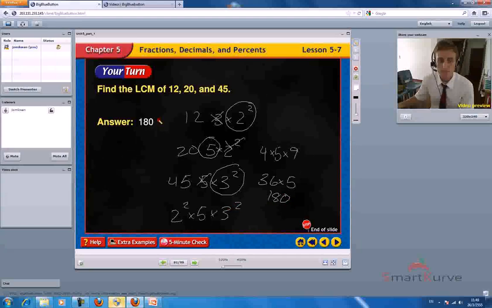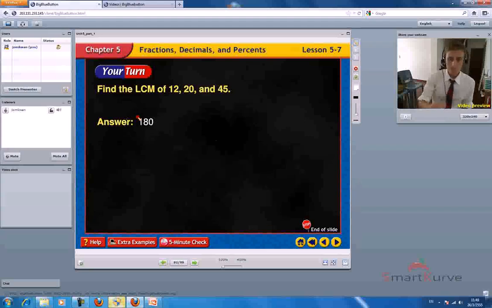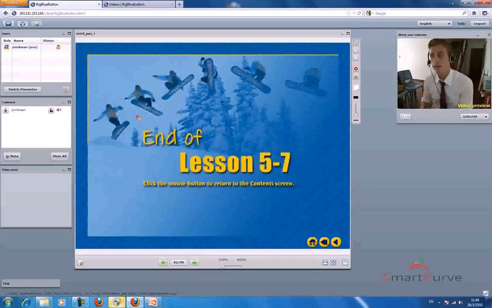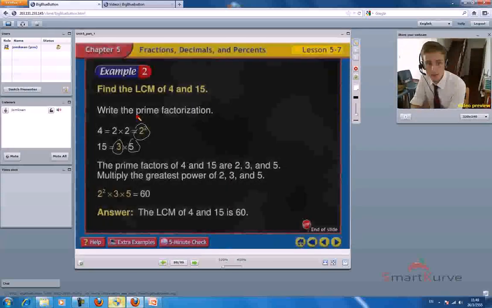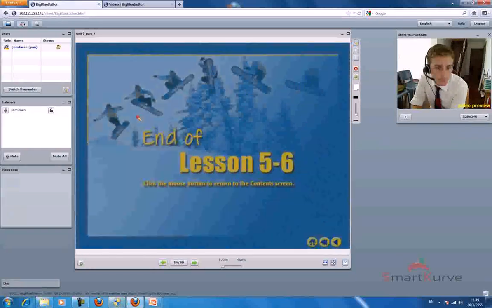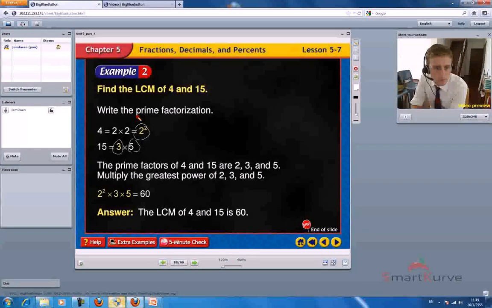So we have 3 to the 2. Cross out this 3 to the 1. 2 squared. Don't use that 2 squared. 5 to the 1. Don't use that 5 to the 1. We then have 2 squared times 5 times 3 squared, or 4 times 5 times 9. 36 times 5, 180.